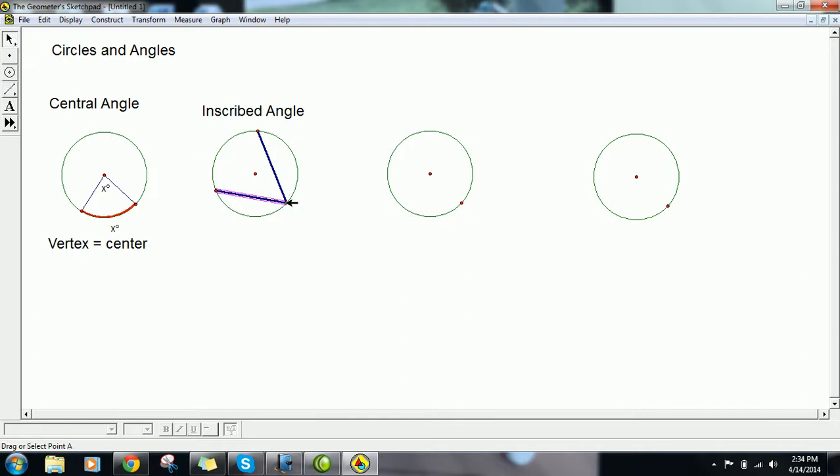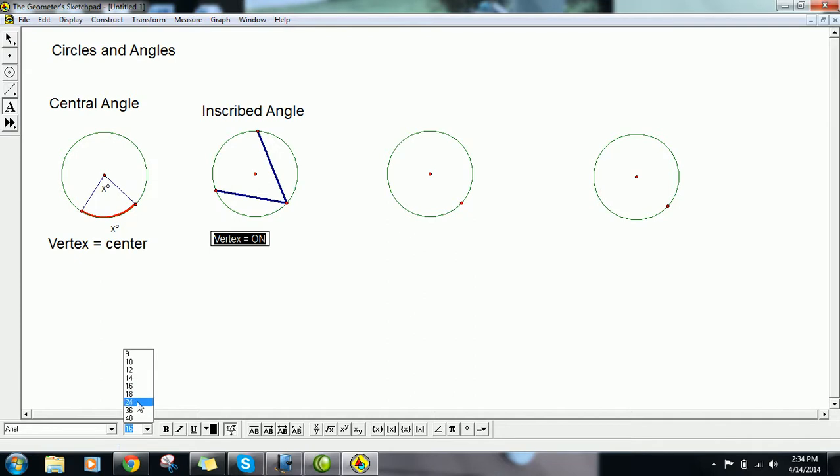So here's the inscribed angle, and this is where the vertex lies. Note that this inscribed angle, whose vertex is on the circle, cuts this arc right here. So an inscribed angle has its vertex on the circle, on the circumference of the circle.